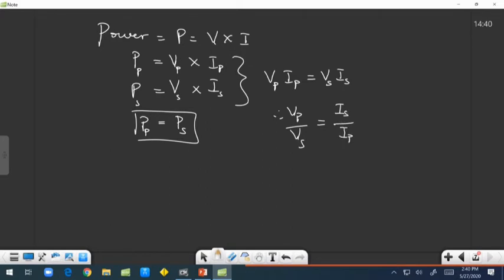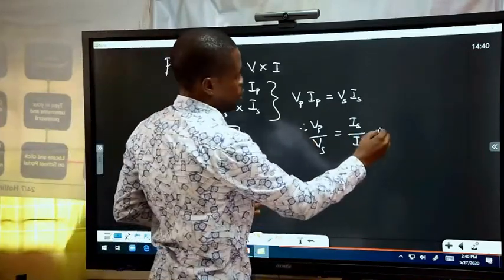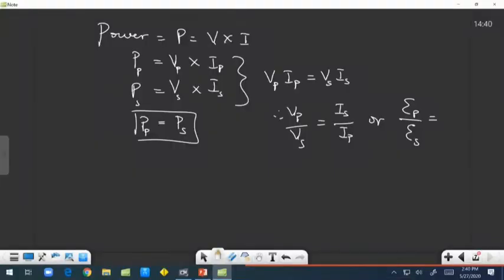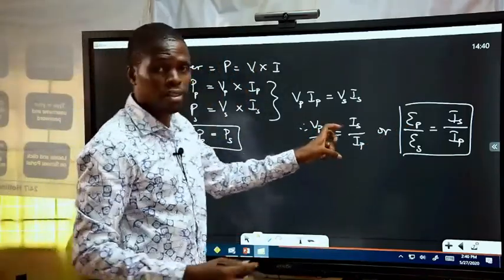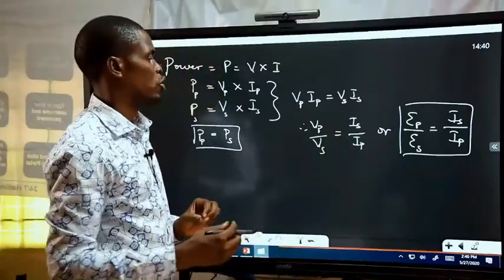So we have an inverse relationship for current and voltage. Or we can also express it as Ep over Es is equal to Is over Ip, that is in terms of EMF. Then we can also express the current in terms of the turns of the transformer.